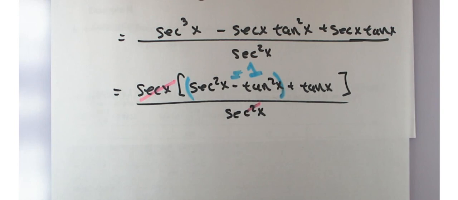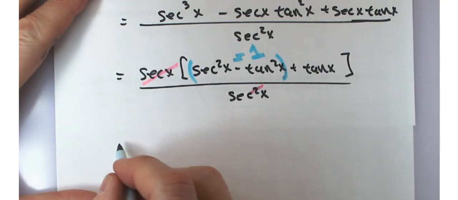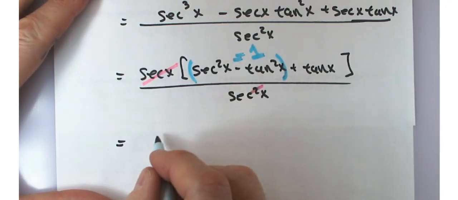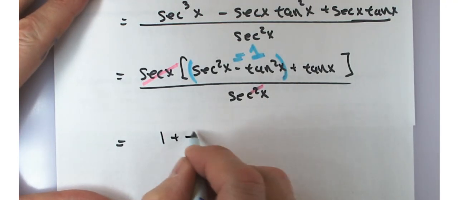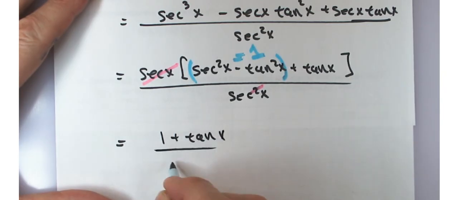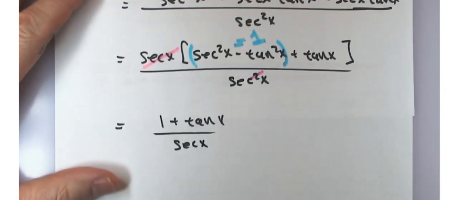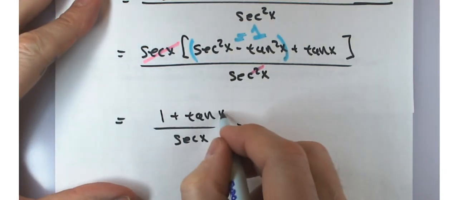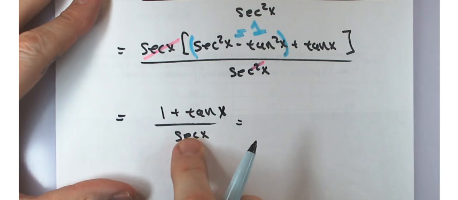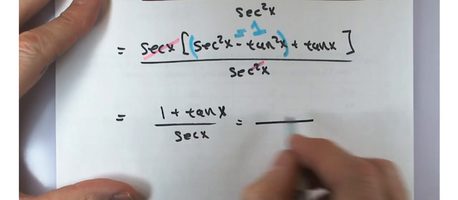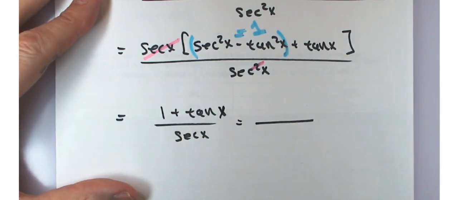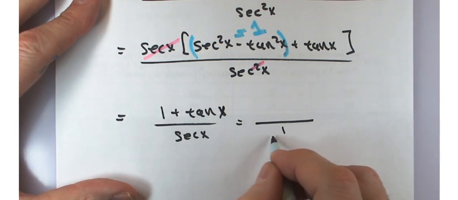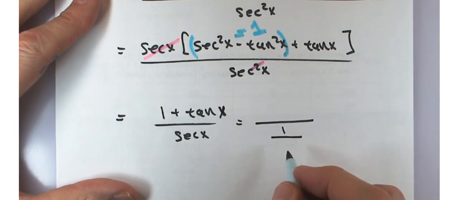I'll have to show you why later. All right, and I will. So that leaves me with 1 plus tangent of x divided by secant of x. So we've come a long ways in our simplification, haven't we? We did a lot. But I think we can go a little bit farther. Let's take a look at secant of x. Secant of x is really 1 over what function? Cosine of x.